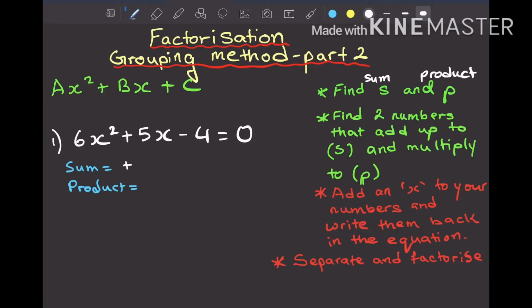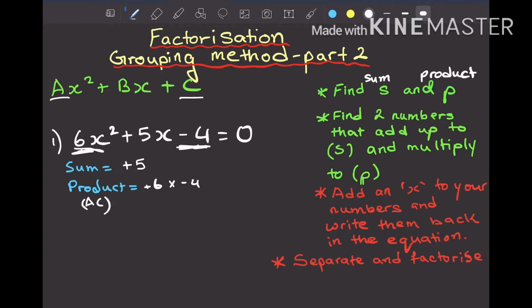So it's a plus 5, and the product, as I said, is always AC. So the a value times the c value, as you can see from here. So AC, so here it is plus 6, obviously because there's no minus in front of it, so it's naturally a plus 6 times a minus 4.